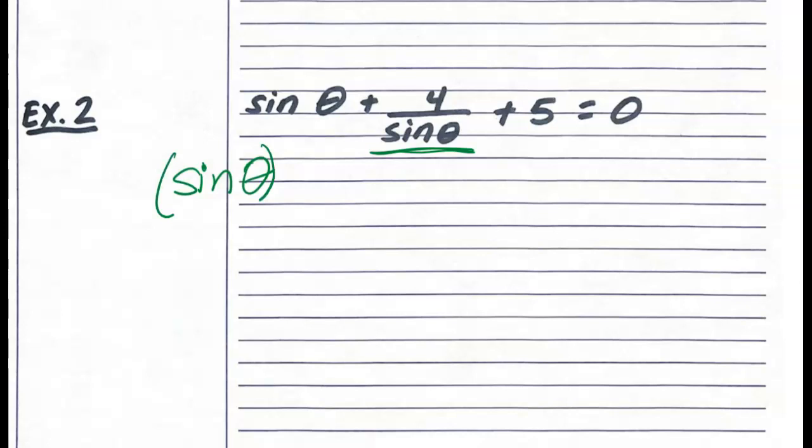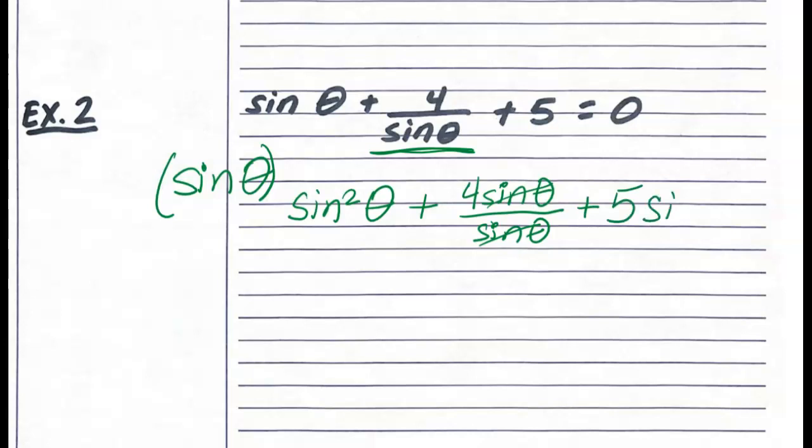So sine theta times sine theta gives me sine squared theta. 4 over sine theta times sine theta really gives me this. I'm going to show it to you because I know fractions are challenging. But then what happens to both those sine thetas? Goners. And then plus 5 times sine theta, just 5 sine theta, still equal to 0.